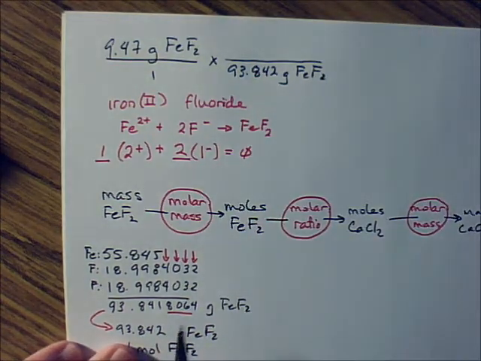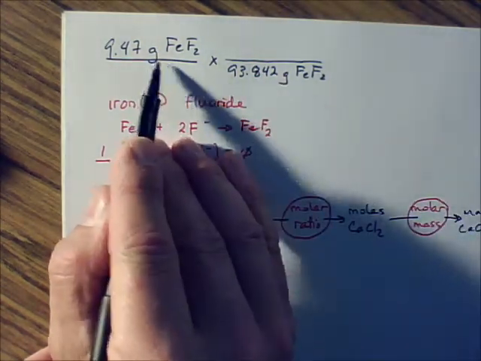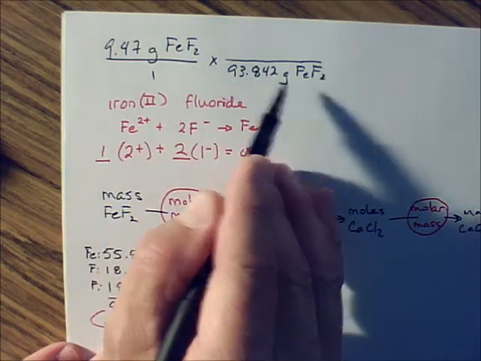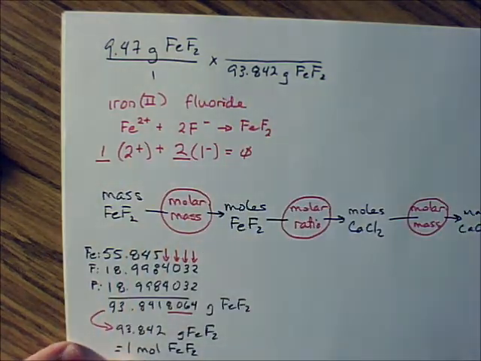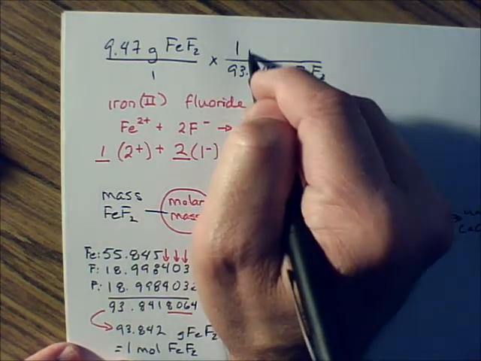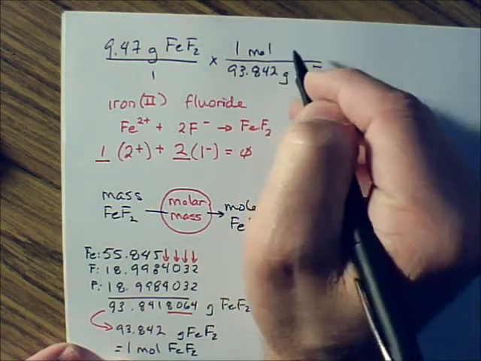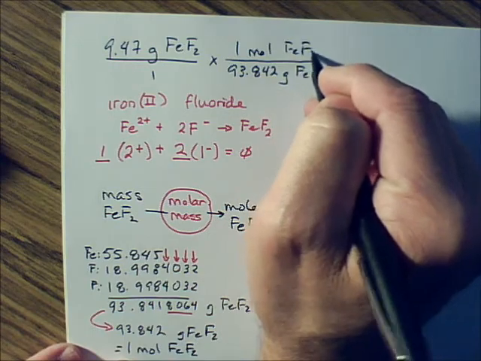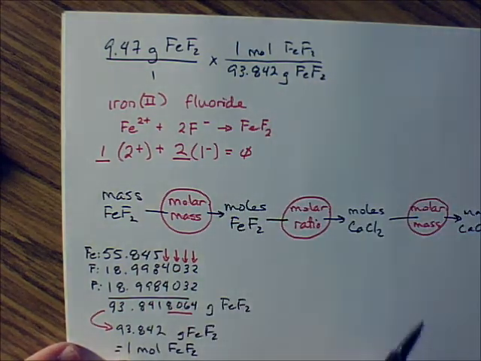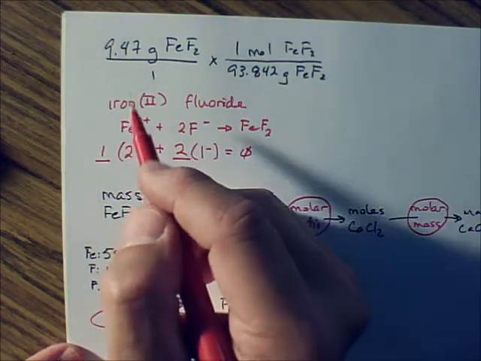This is the side that matches the units of our starting amount and matches the species of our starting amount. Okay, and so the other side of the equality statement goes on the top. 1 mole of FeF2.